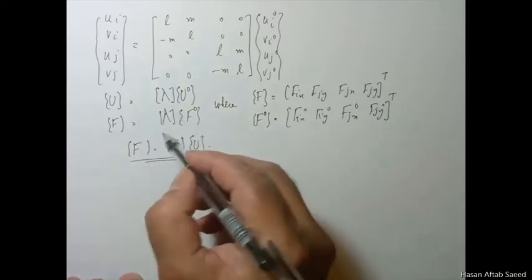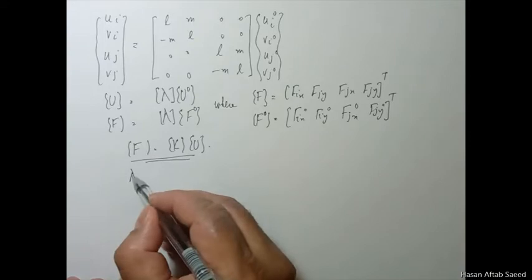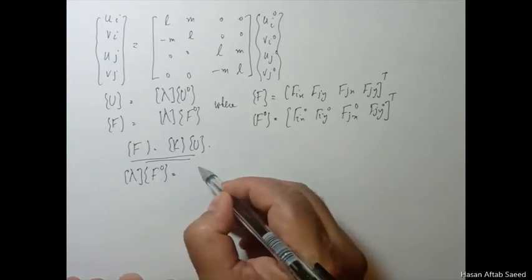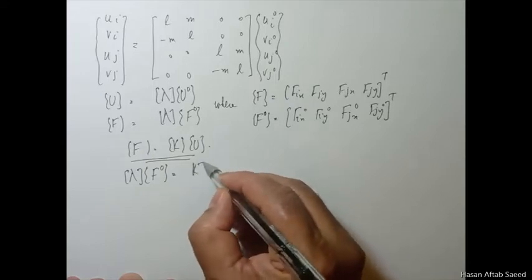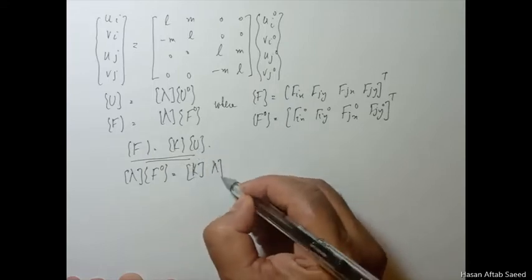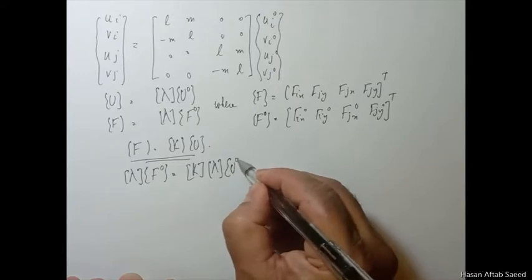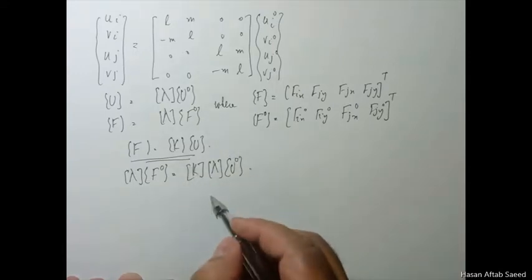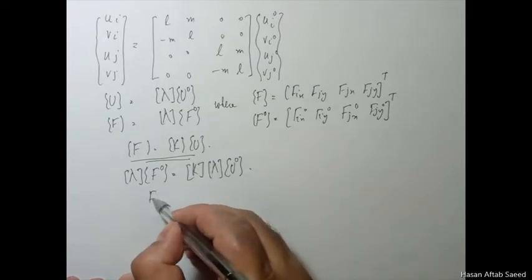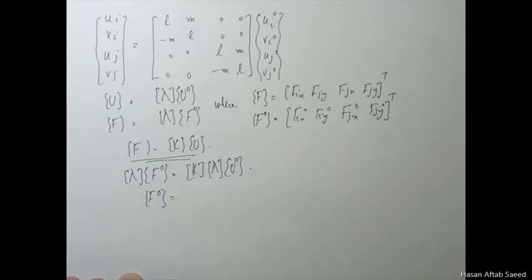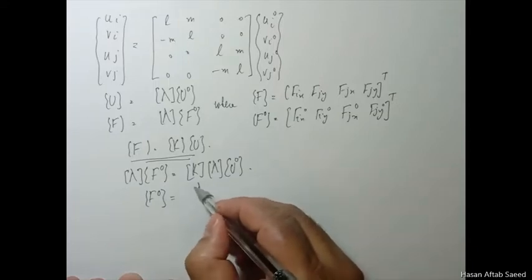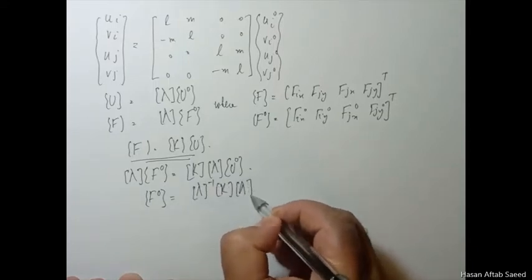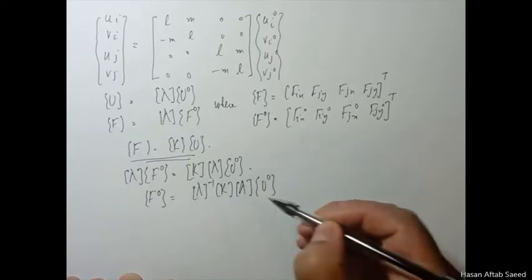So if we put the values here for F, and K comes as it is, and for U we again replace the values from here, then the equation in the global coordinate system will basically become this.